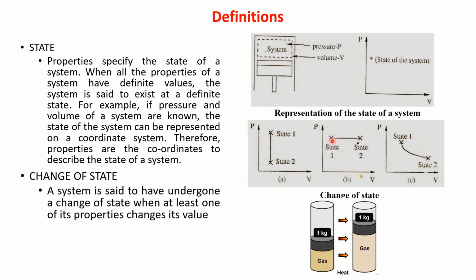Here, keeping the pressure constant. This is what we call it as it has followed this path. During this change of state, the volume is constant. During the change of state, the pressure was constant. Maybe during the change of state, the temperature was constant.